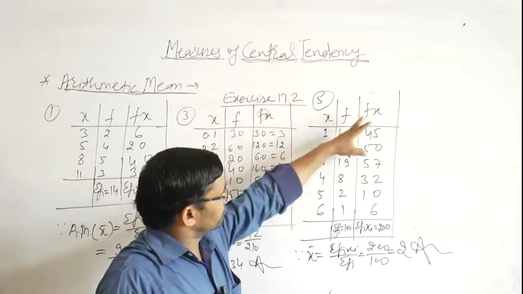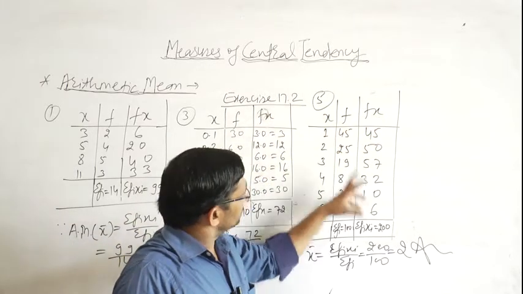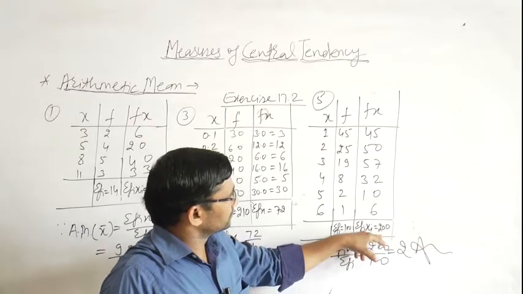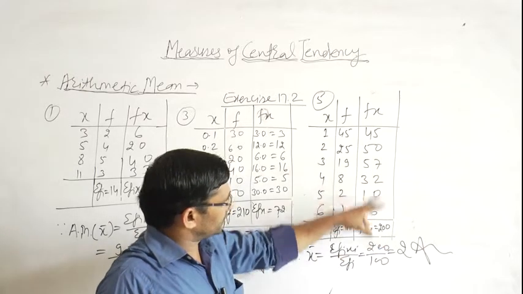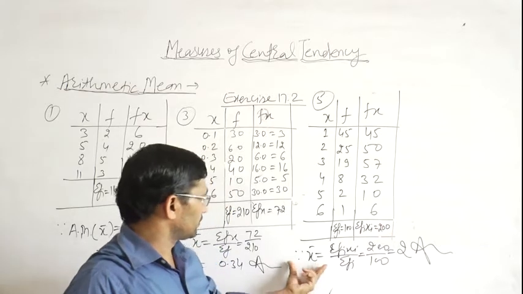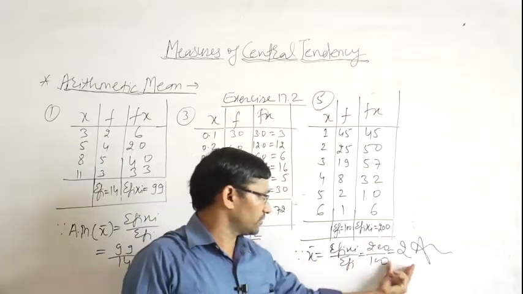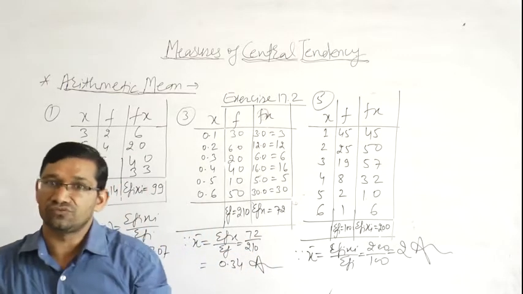X and f are given. So first we find out fx, then sigma f is 100, sigma fx, sum of all fx, it means 200. Arithmetic mean x bar is equal to sigma fi xi upon sigma fi. 200 divided by 100 is equal to 2.